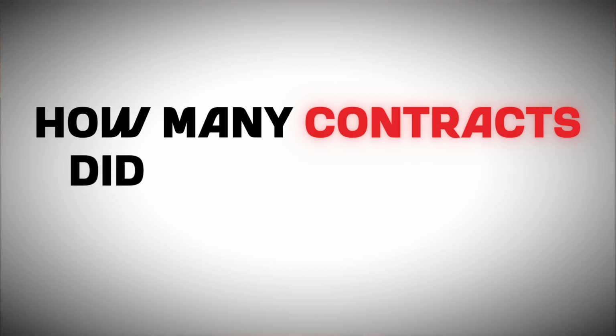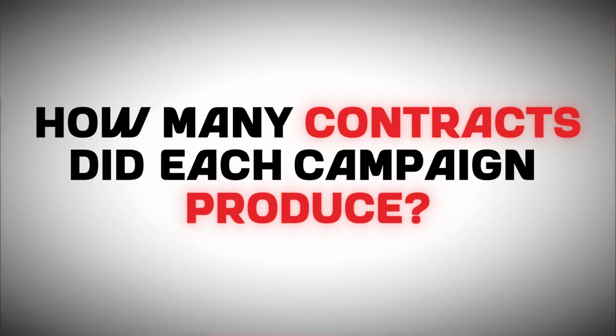Now, here's the takeaway. If you're running Google Ads for a service-based, home contracting, or real estate investment type business, especially anything high ticket where one customer is worth thousands and thousands of dollars, go pull your data right now and ask one question. How many deals, how many contracts did each of these campaigns produce?